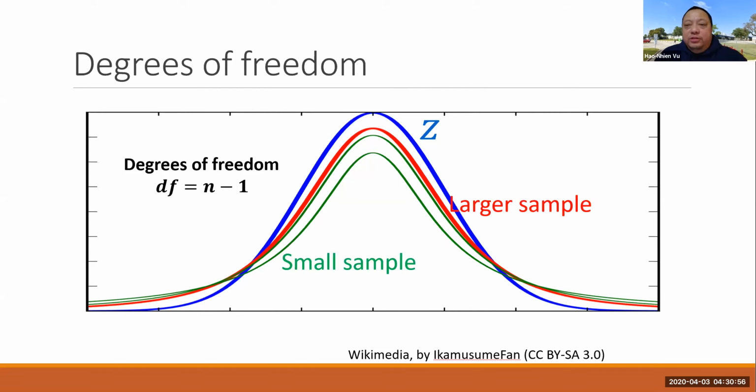When you have a larger sample, let's say sample size 25, then it has 24 degrees of freedom, and the T curve is closer to the Z curve. And when you have a very large sample, let's say size 50, 60, 70, then they are very, very close to the Z curve.